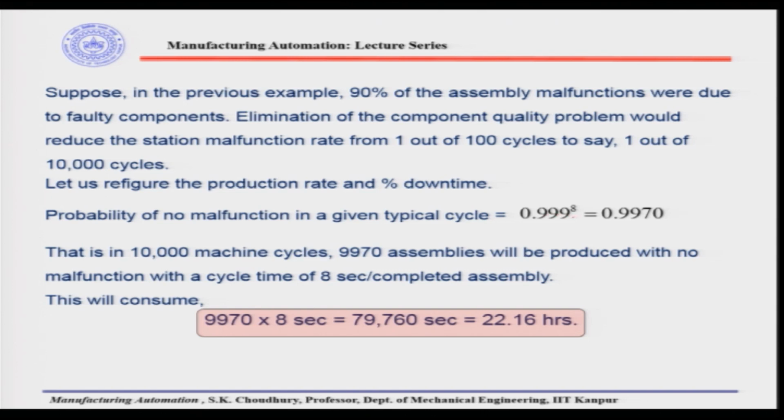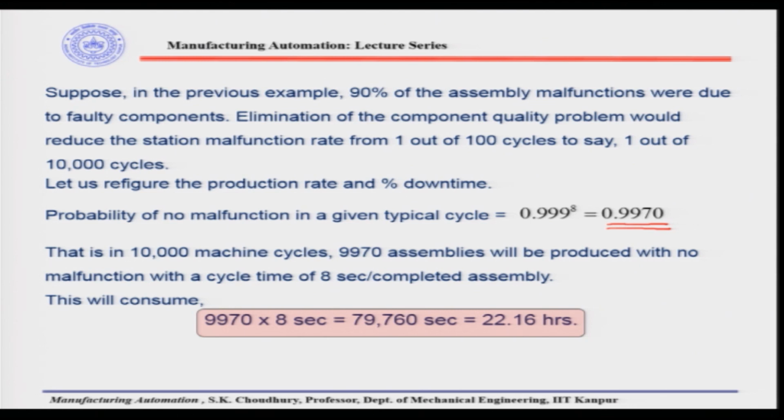So, 0.9999 to the power 8 will be 0.9992, and this means that out of 10,000 machine cycles, 9992 assemblies will be produced without any malfunction, because the line is up for those many cycles.